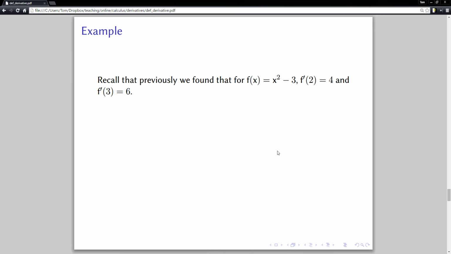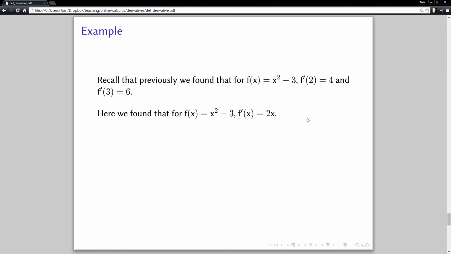And so remember previously we found that for f of x equals x squared minus 3, f prime of 2 was 4 and f prime of 3 was 6. In this video we found that for f of x equals x squared minus 3, the derivative of f was 2x. So here the derivative at 2 is 4, the derivative at 3 is 6, the derivative is the function 2x.